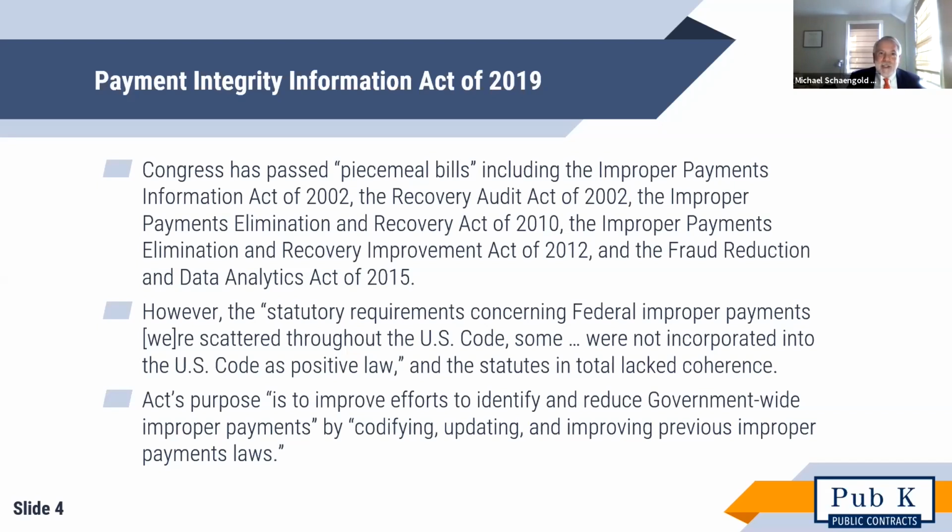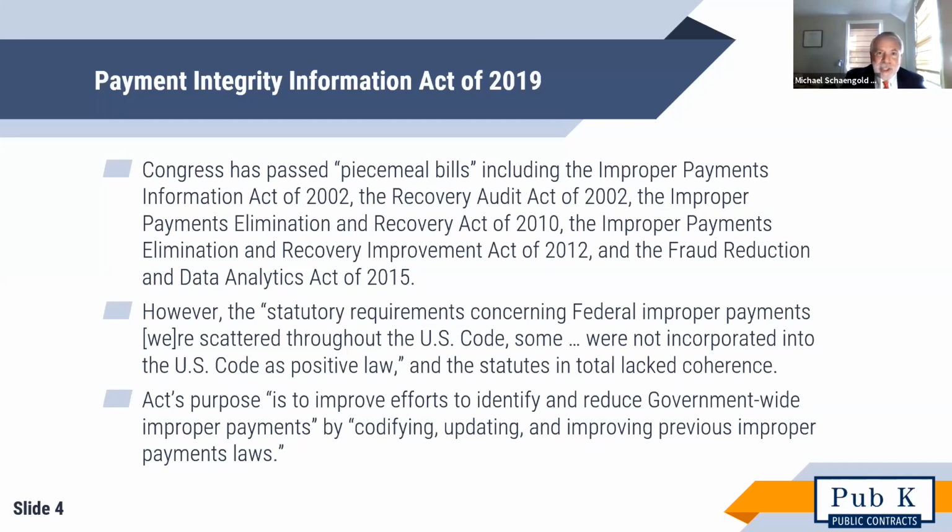Congress recognized that the statutory requirements concerning federal improper payments are scattered throughout the U.S. Code, and the statutes in total lacked coherence and left certain aspects up to agency interpretation.